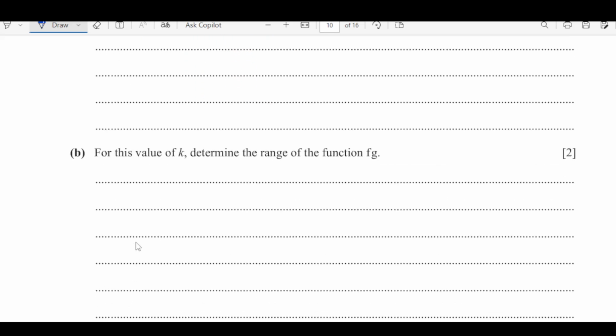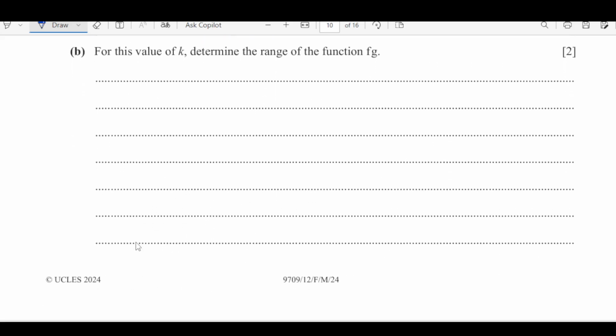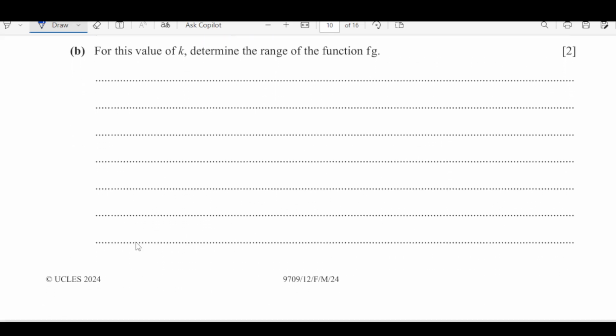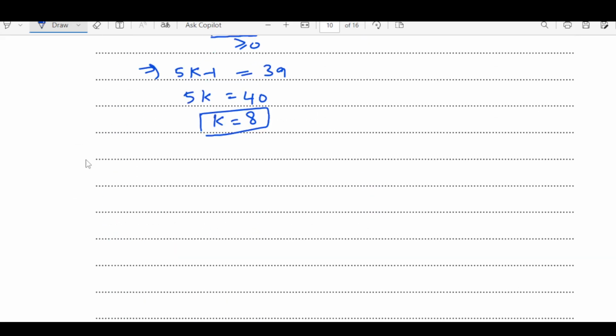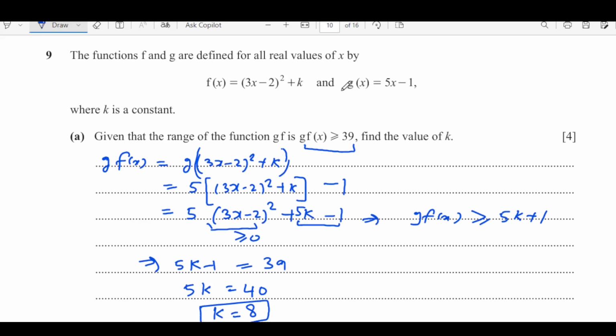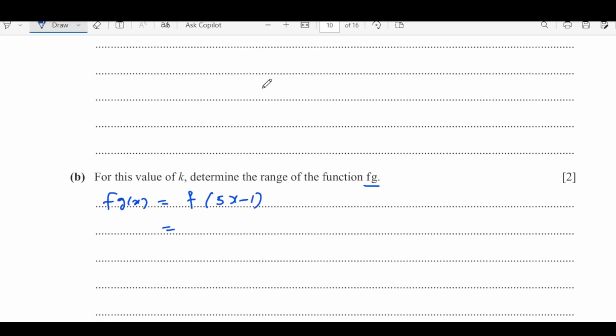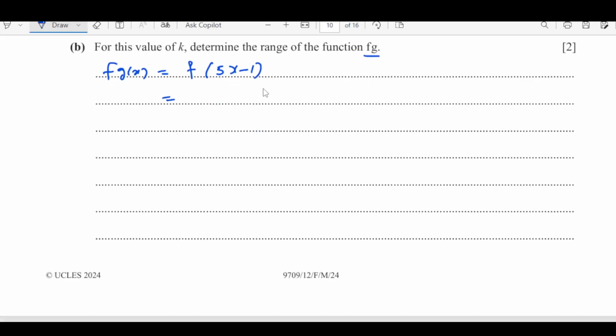Now part B: for this value of k, determine the range of the function fg. So we need to find f of g(x). Here g(x) is 5x minus 1, so we replace x in f by 5x minus 1.